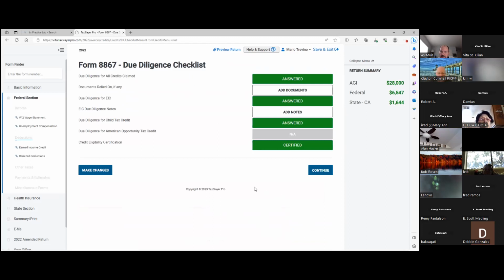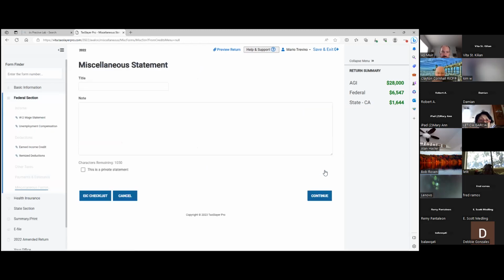And so sometimes you're going to have to answer certain questions in the software in order for the individual to be eligible for one of the credits. Sometimes you'll use the statements, and when you're preparing a return, if you have additional data that you want, this is one place where you can enter data.